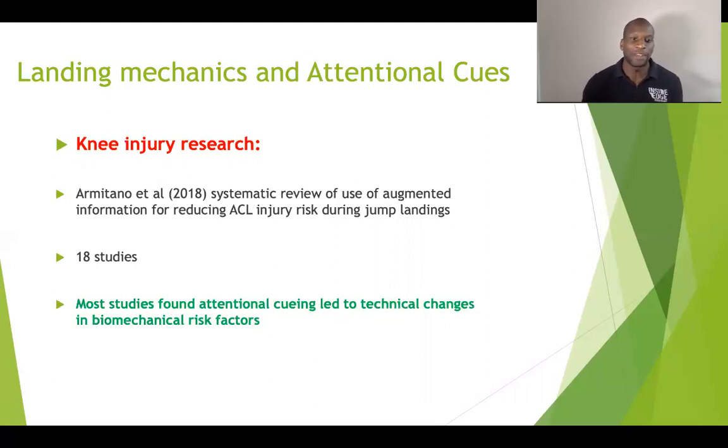Of that, they found 18 studies. Now, what's interesting is most of these studies found that attentional cueing led to technical changes in biomechanical risk factors, because that's fundamentally what they were looking for. They were trying to see whether they could change biomechanical risk factors from either a kinetic or a kinematic perspective.